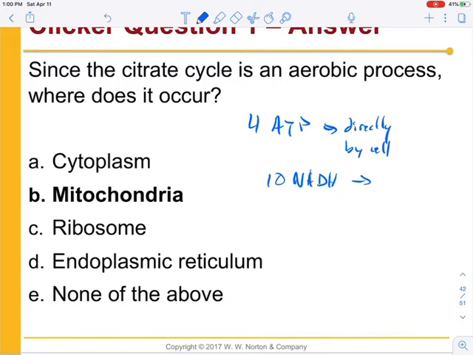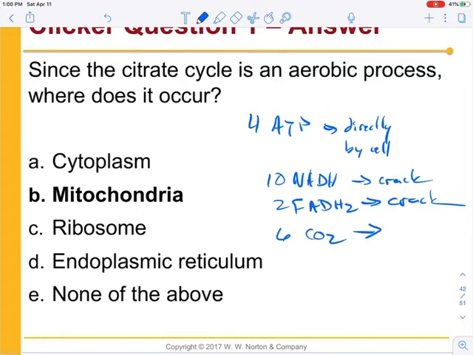That has lots of energy that we need to get. 2 FADH2. That has lots of energy that we need to crack to get. And then 6 carbon dioxide that has no energy, so we need to get rid of it via our exhalations, right?